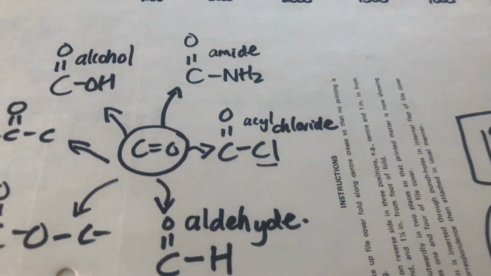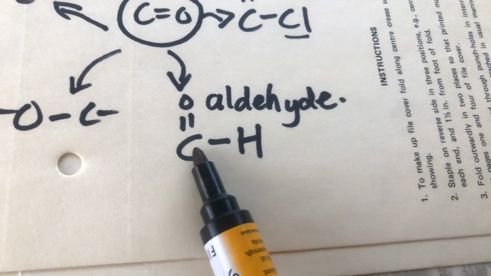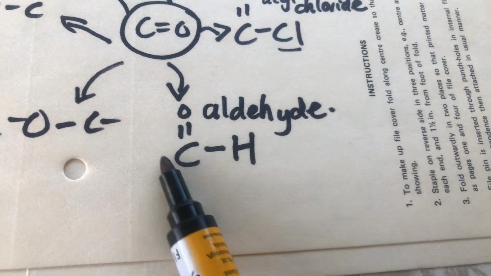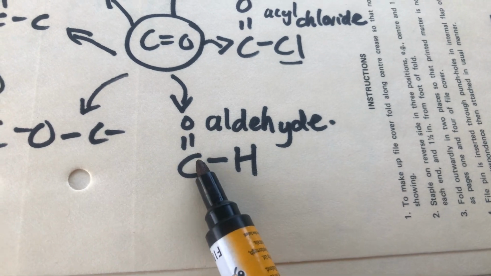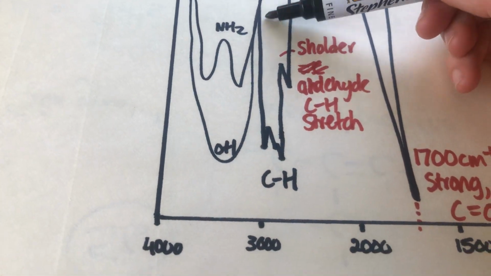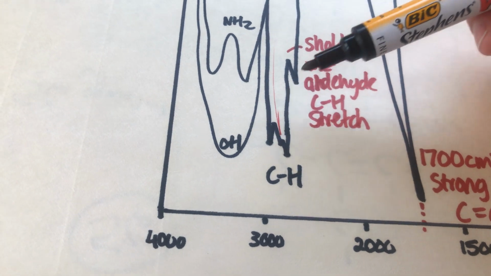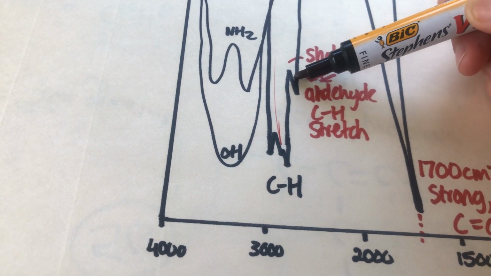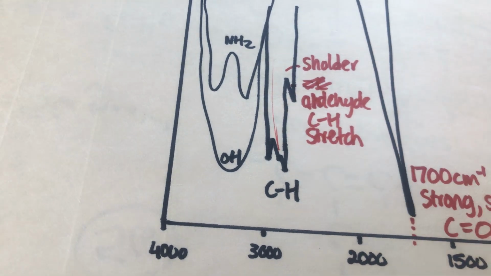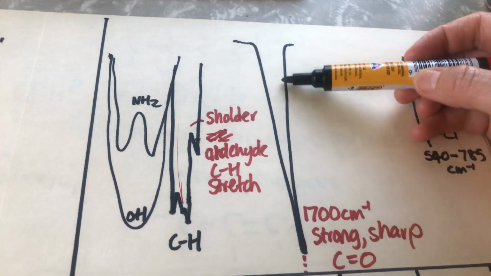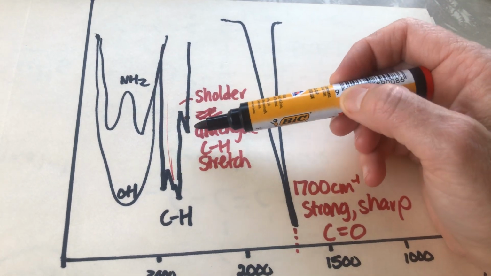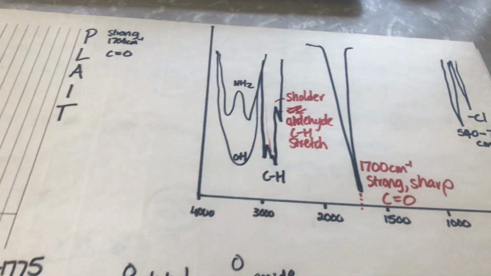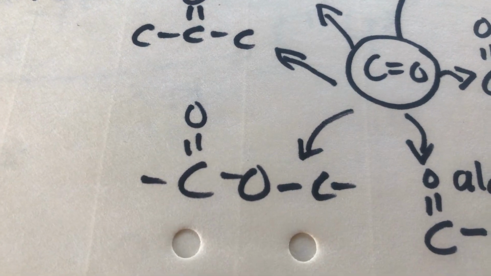If we come back down here and look at the aldehyde, you can see there is a C-H here, but it's shifted a little bit because it's next to the C=O. So instead of all the other C-Hs which are in this peak here, this one is the C-H that's next to the carbonyl group. So if we have an aldehyde, we would expect this big peak here and this shoulder peak here of this C-H peak.